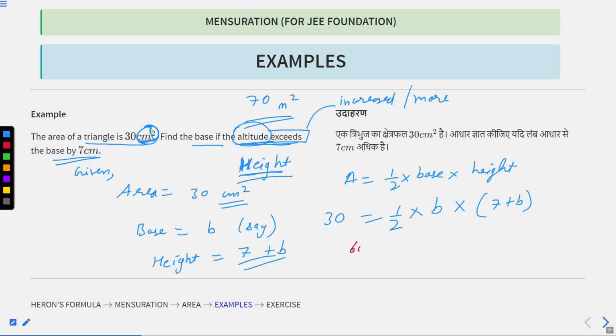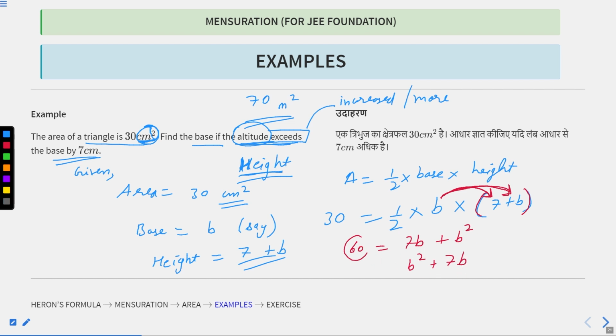I'm multiplying this by this first and this by this; it is the distributive property, if you remember. Whenever you see b multiplied with a bracket with 7 plus b inside, first multiply this number with the first term and the second term. So 7b plus b square. Now b square plus 7b.